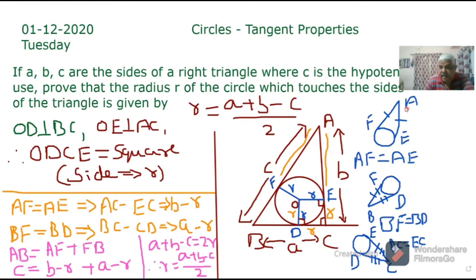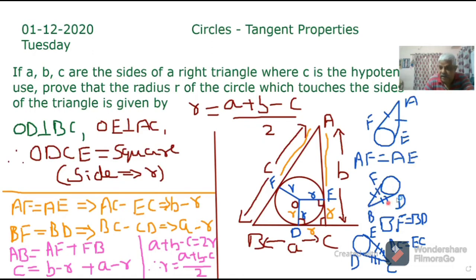Here, first I considered AF equal to AE because A is the external point, so AF and AE become tangents drawn from the external point A. Therefore, AF and AE are equal. Next, second point: I considered the circle with B as an external point.